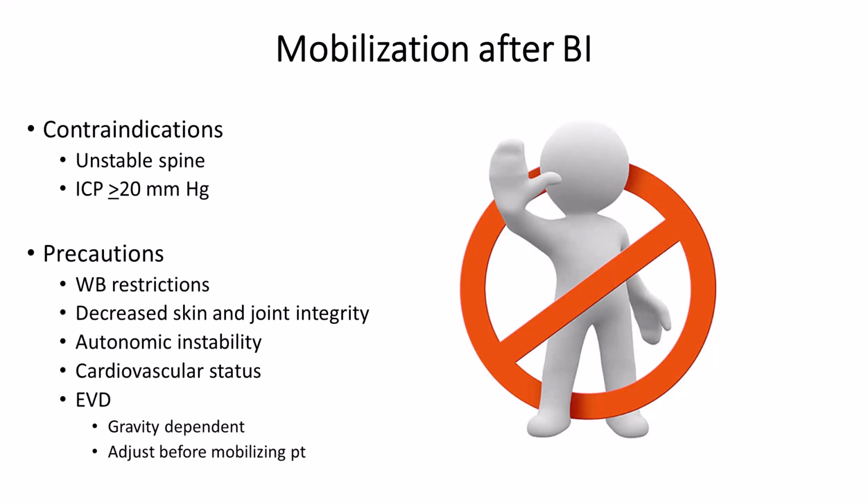If we get the person up, we definitely want to be monitoring this patient's vitals to make sure that there's no problems there. The other thing is the presence of an external ventricular drain, or EVD. This device is actually gravity dependent, and it may have to be adjusted before mobilizing the patient. So this is something that you need to talk to nursing about before you get the person up.